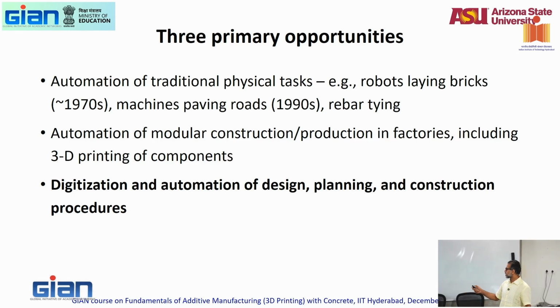And third, digitization and automation of design, planning, and construction procedures. This is where the industry wants to reach. The entire digital construction industry wants to get there: the whole process, including design, planning, and construction. There is a report put out by a digitization committee called the democratization of construction. You basically say that you want a house of this design, and your CAD generates it.